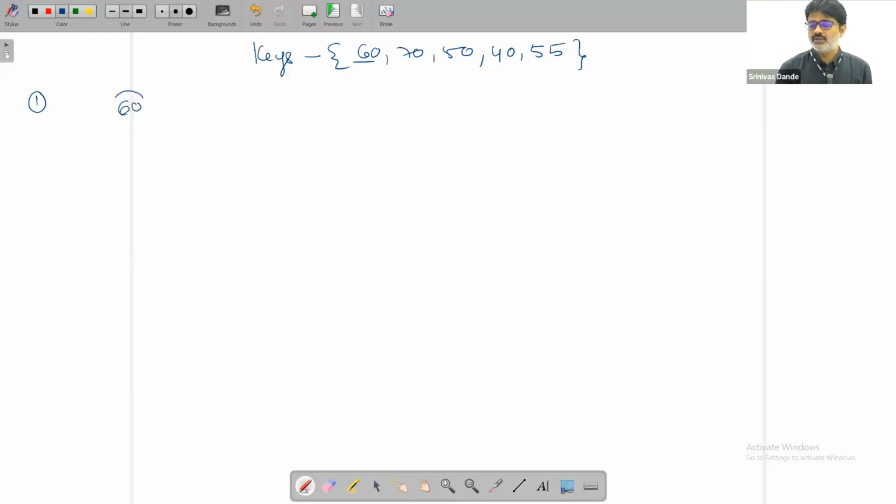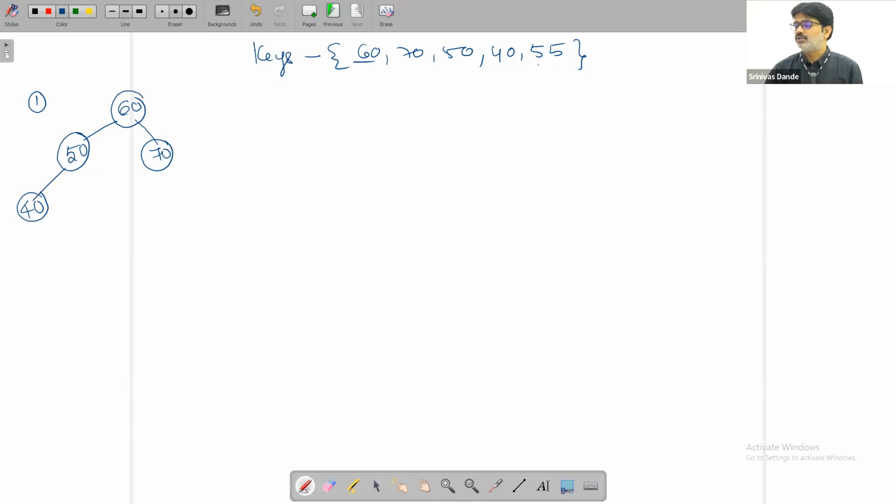60 is the root. 70 is greater, so it comes to the right side. Next 50 is less than this, so it comes to the left; as of now it is balanced. Next 40 is less than this. So tell me, up to this is it balanced or not?